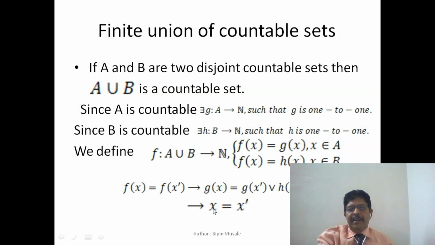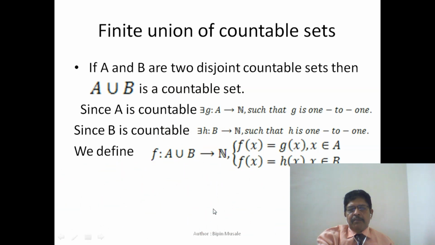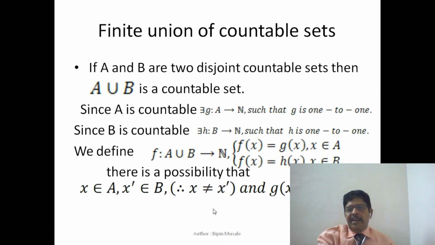and conveniently tried to conclude that f is an injective function, but no, this is not correct because that possibility is always there. There is always a possibility that x is in A and x prime is in B, and yet g of x, because x is in A, comes under the action of g, and h of x prime, because x prime is in B, comes under the action of h, and yet they are equal.